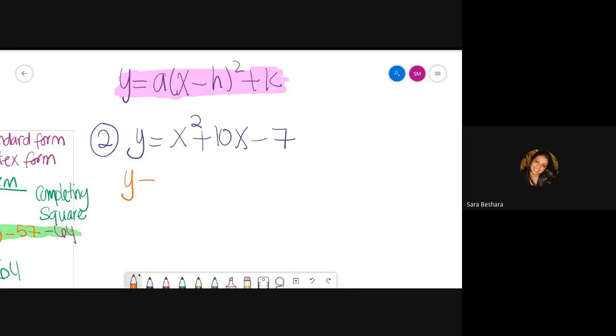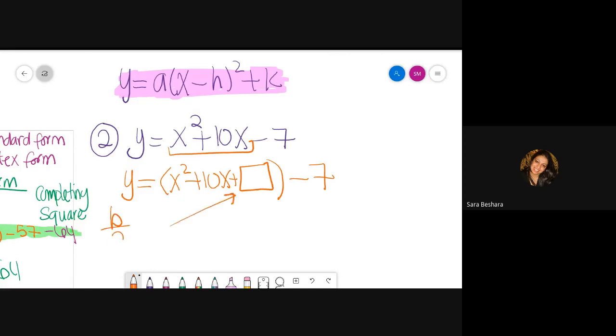So y equals. Now remember to group the x's. So here's x squared plus 10x. Leave a space and make a box. This is your magic number. Close, minus 7. Don't forget that 7. What goes here? Remember, what goes here is b over 2, all squared.